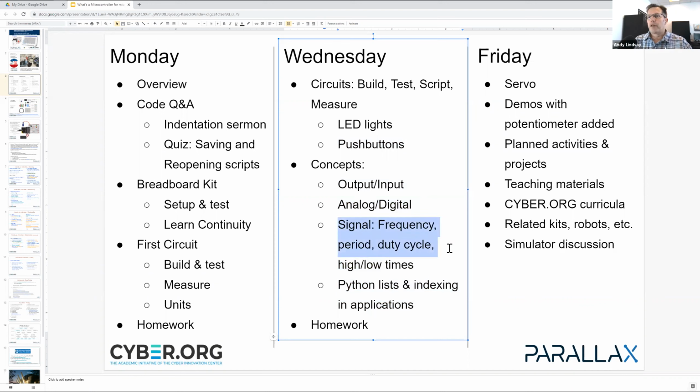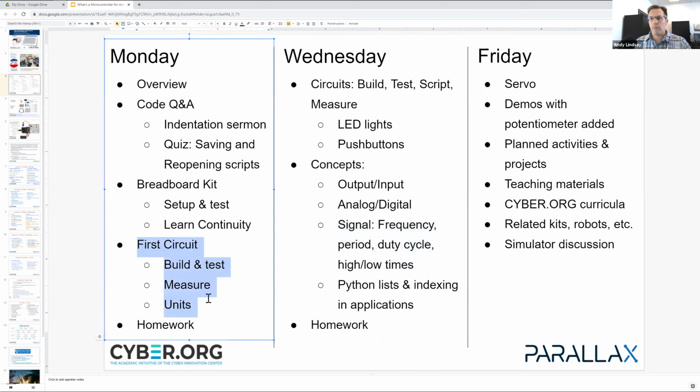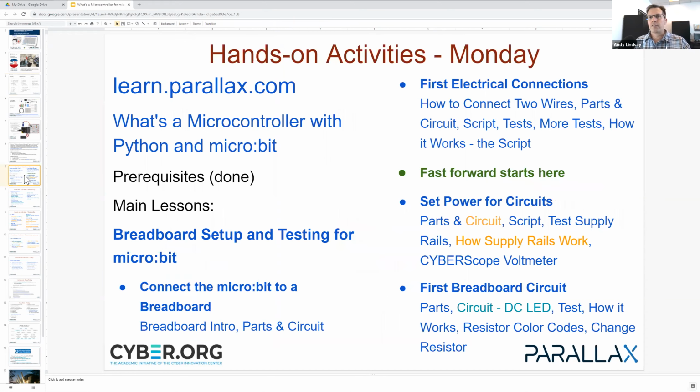In terms of binary signals, we'll be talking about how fast a light turns on and off, and how that is a set of lessons for frequency, the period of a signal, which is the time it takes before it repeats itself, and duty cycle, which is a ratio of high and low times. There will also be a little bit of catch up because I didn't quite make it through everything I planned on Monday. So let's start with that.